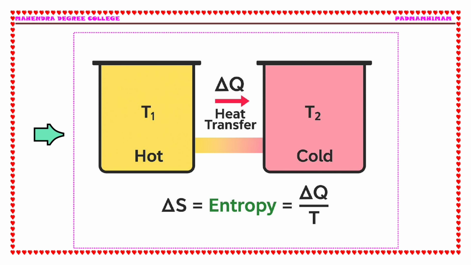Second law of thermodynamics: this law states that for any naturally occurring process, the total entropy of an isolated system or the universe will always increase or remain constant.